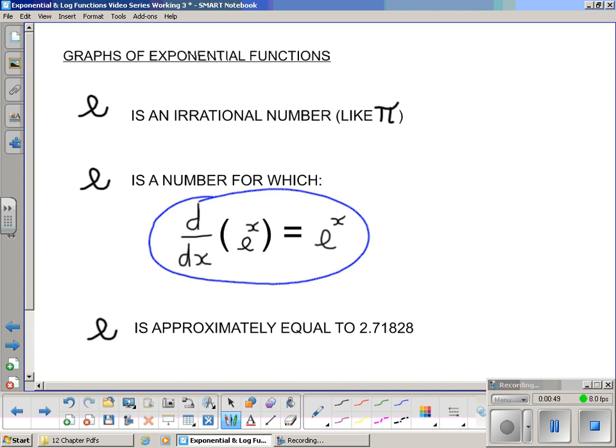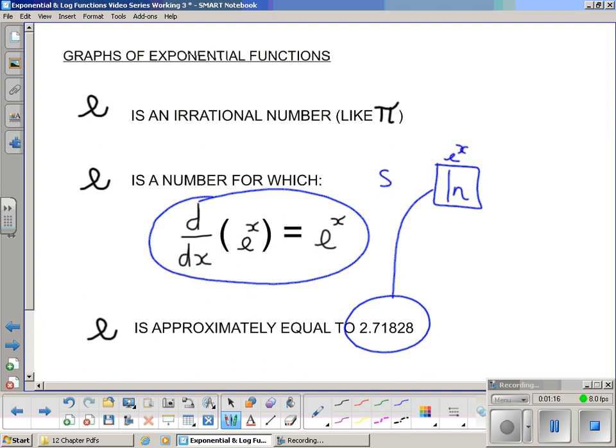Now it's approximately equal to 2.71828. That value of e can be gotten on your calculator by pressing e to the x and putting 1 in as the x value. So above your button on your calculator that looks like an ln, it has an e to the x.